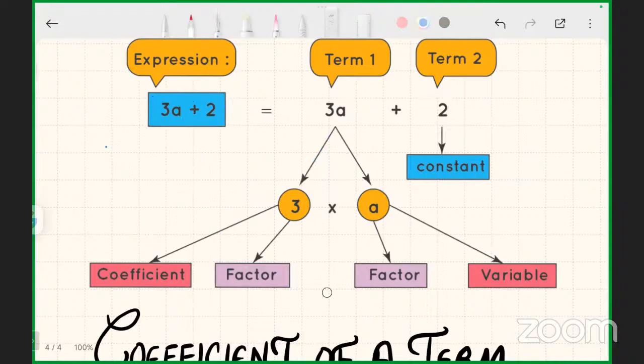When you separate the term into two parts, 3 and a, 3 is known as a factor in the term, and a is also a factor, as both of them multiplied equal the term. Correct.